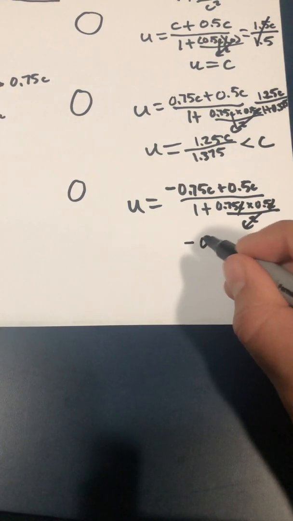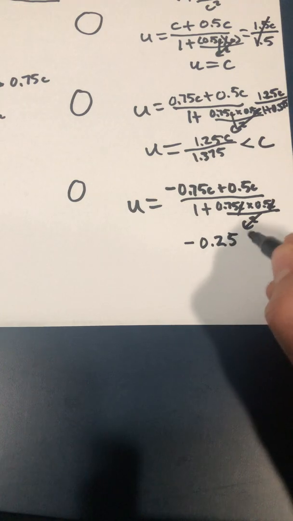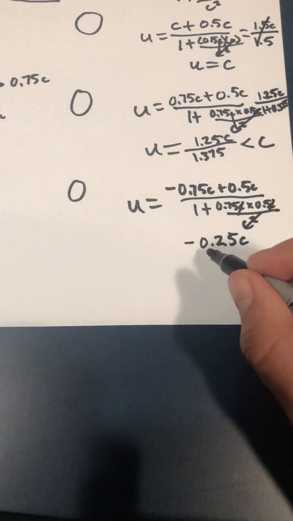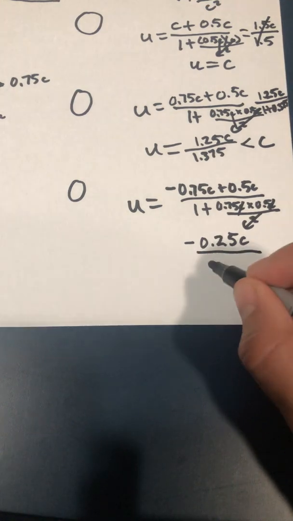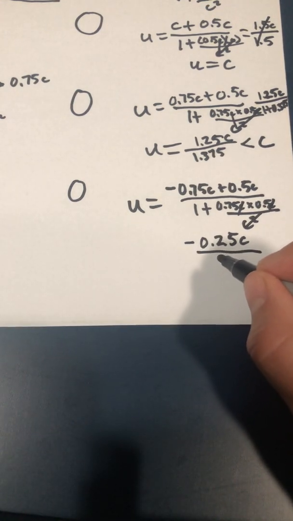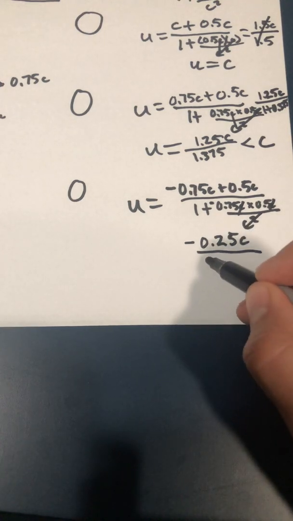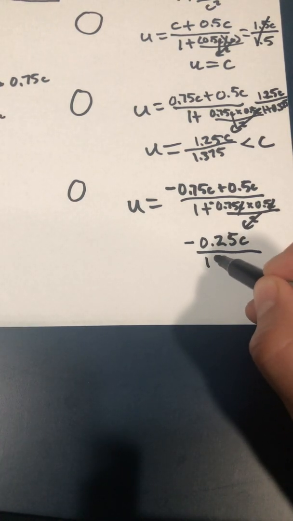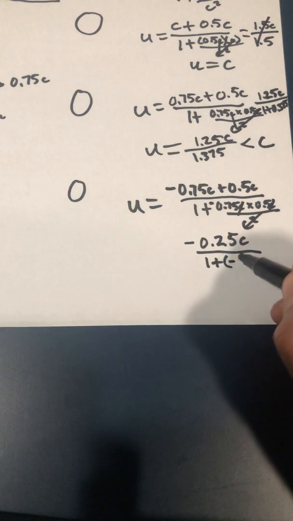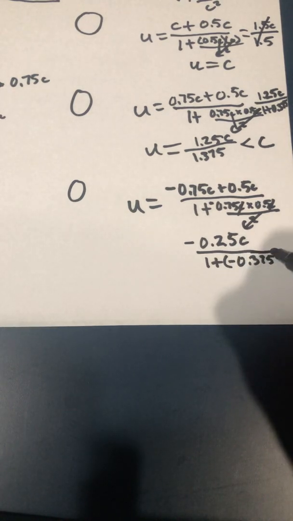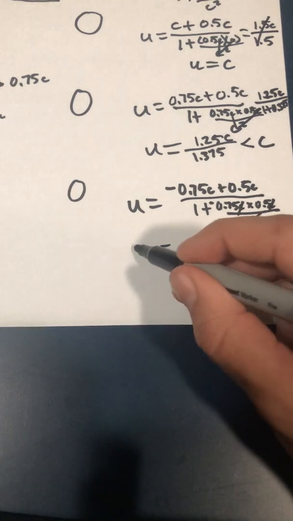So the top will turn out to be negative 0.25 times the speed of light. And on the bottom, we are left with 1 plus negative 0.375 is equal to u.